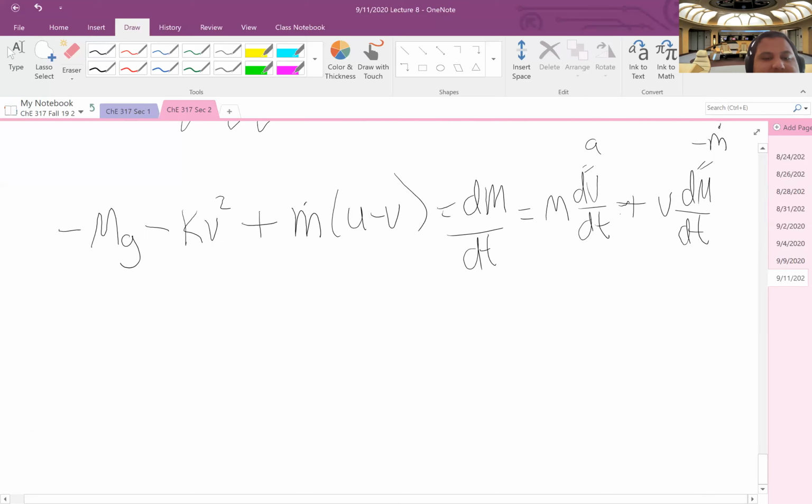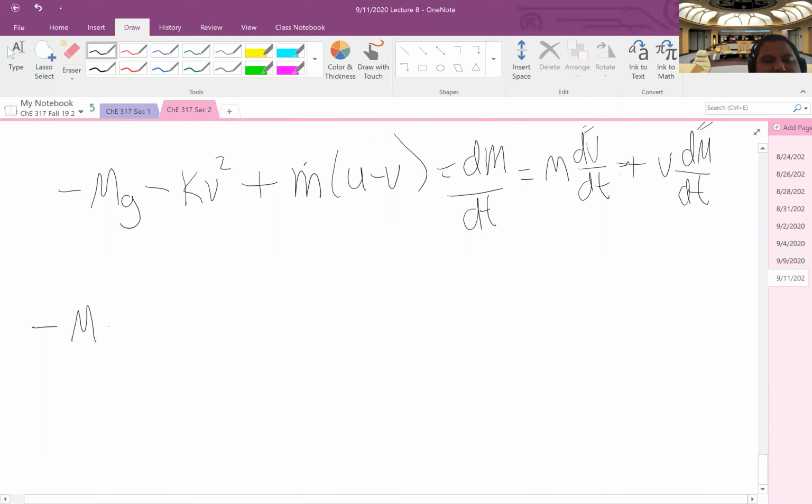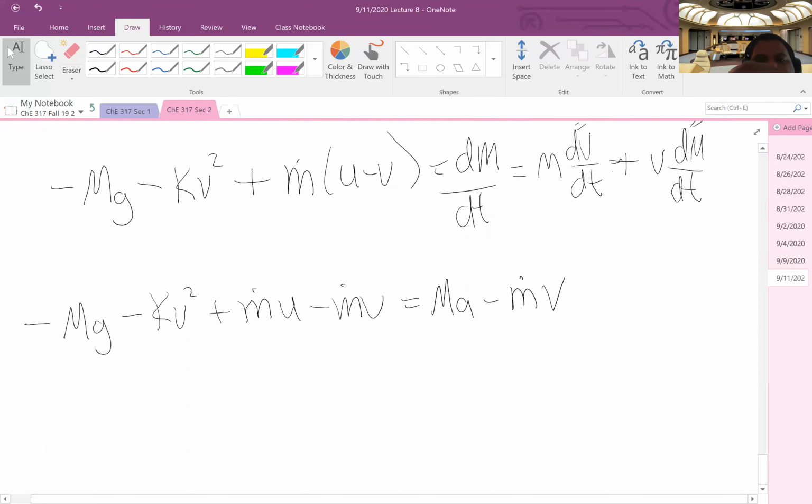So what we have is negative big mass times gravity minus our drag force plus our mass times velocity minus mass times v equals big mass times acceleration minus m dot times v. Looking at this, since the m dot times v shows up on both sides, we can neglect it.